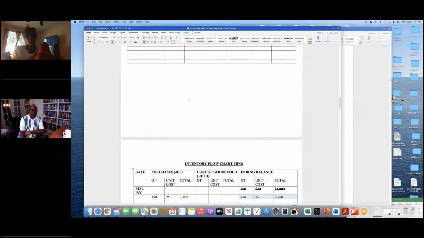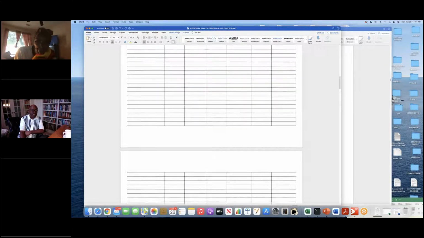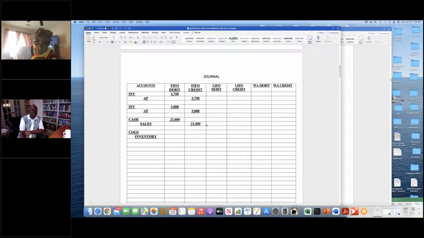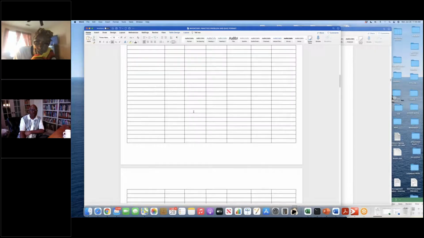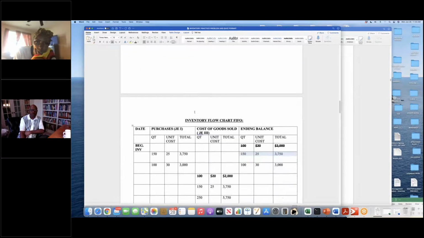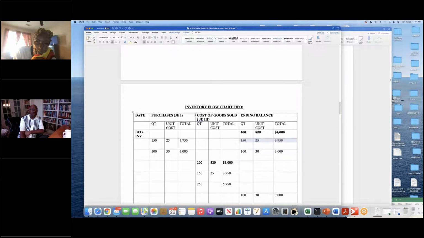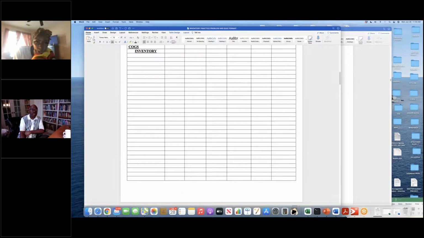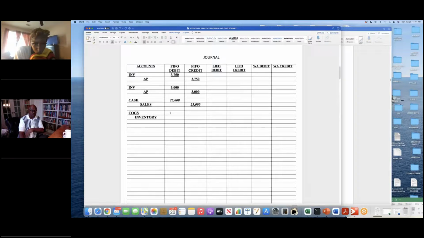Now we also need to post our T accounts. So we said the amount was what? $5,750. We'd be posting all the journal entries, but right now we're just trying to get these inventories down.